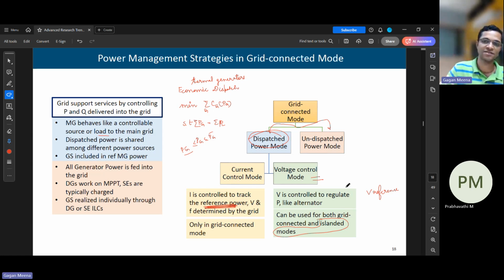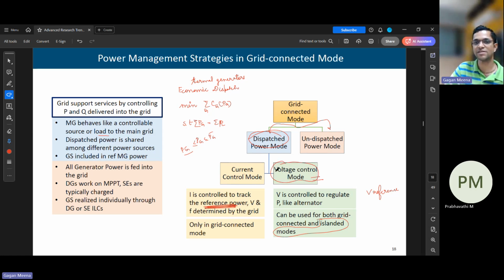Grid feeding converters in the previous week. When the microgrid is in islanded mode, we need at least one of the DGs to operate in the grid forming mode. Others can operate in the grid feeding mode. So that will be the voltage control mode, grid forming.